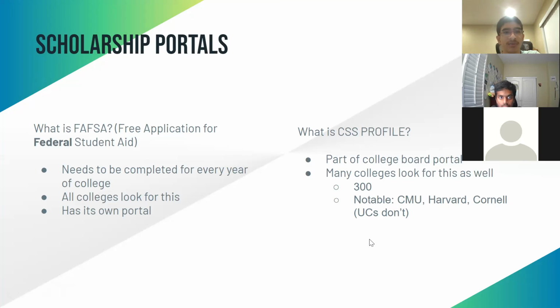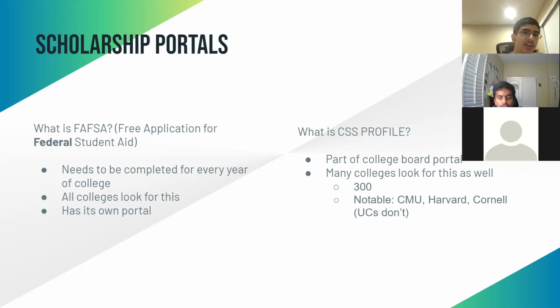All right, now you may be asking, what is the difference between the FAFSA and the CSS Profile? Well, the FAFSA provides federal grants, loans, and other types of government assistance, and the CSS Profile is an application that universities use to gauge how much non-federal financial aid you need. So basically, if you fill out the FAFSA and you become eligible for a certain amount of grant money from the government, you will get that.